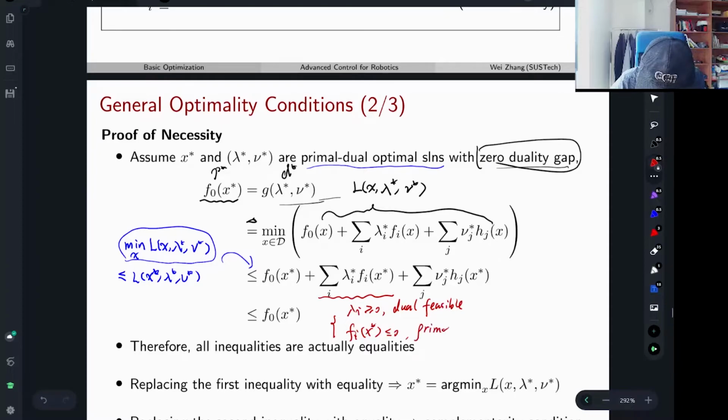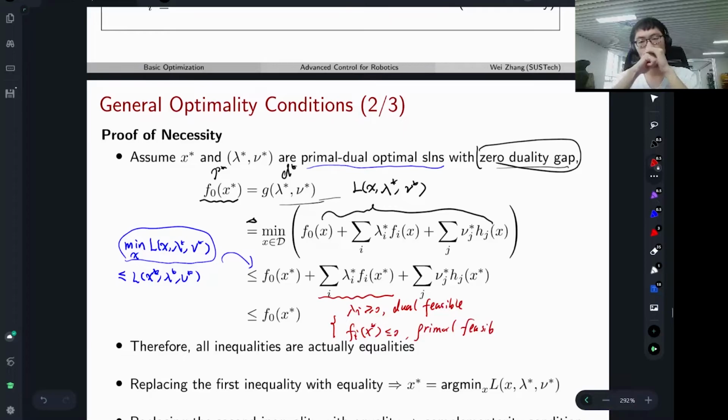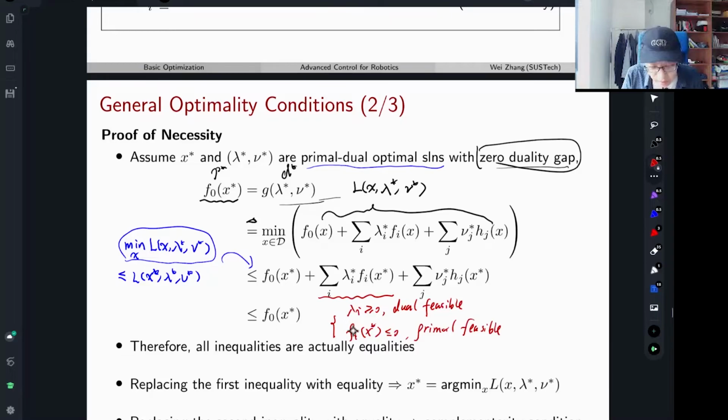The x star, if plugged in, has to satisfy the constraint, otherwise it won't be an optimal solution. So because of these two, this term has to be less than or equal to 0. And this term is always 0 because x star is feasible, meaning h(x star) has to be 0, the equality condition. So overall, this is less than or equal to 0, this is 0, and the whole thing is less than or equal to f0 star. I hope that's fine.